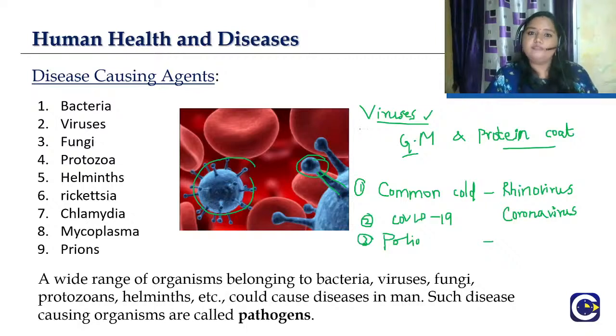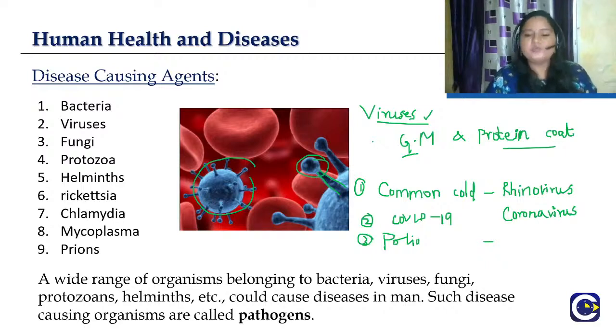Poliomyelitis was one of the biggest threats in the early 80s and 90s, because many children were having bone abnormalities and were infected with poliovirus, and that's why the government took enough measures to control it. The government is taking enough measures to eradicate each and every disease, just like how we eradicated smallpox.